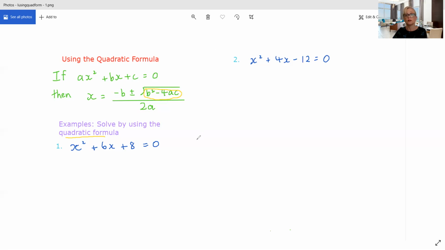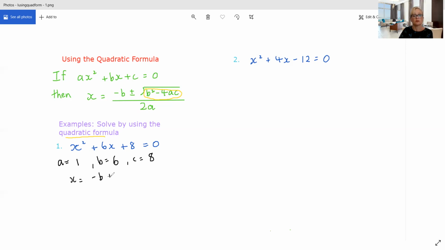How do you go about using the quadratic formula? Well, the first thing that you're going to do is write down what A, B, and C are. So A is your coefficient of x squared, B is your coefficient of x, and C is your constant term. Now we write down our formula.